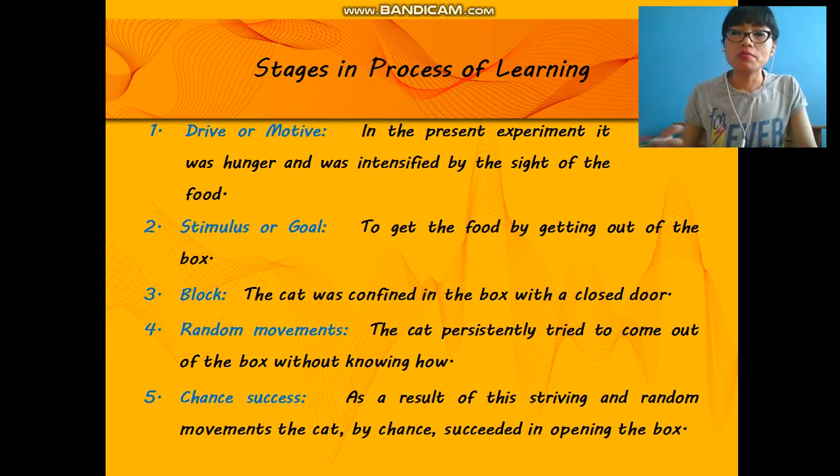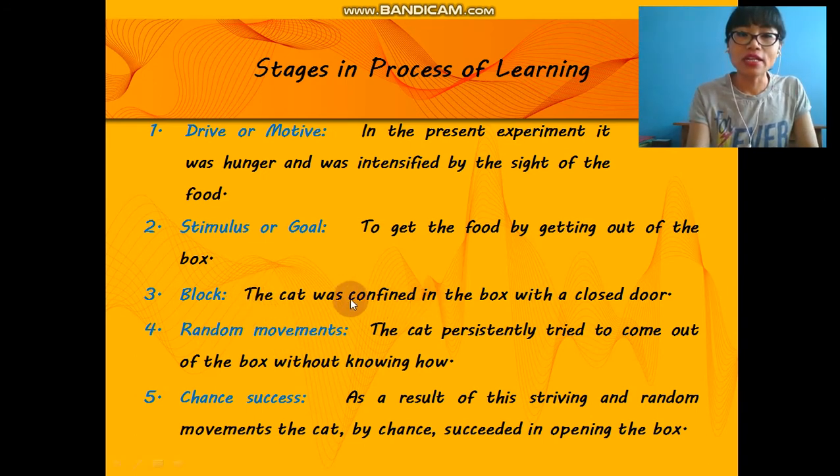If you can just purchase a degree without going to school, without going to college, learning will not take place. You will not learn, but you will have the degree. The cat could have had food here if the blocks were not there, but it wouldn't have learned to open the box.